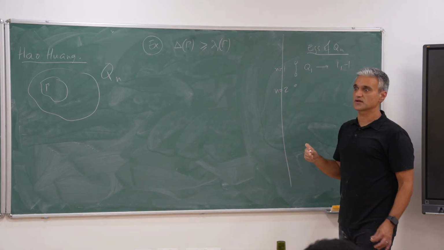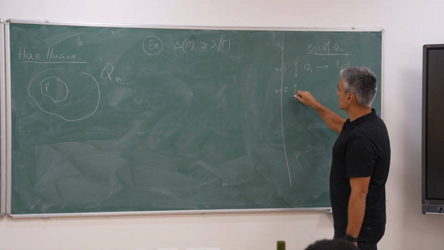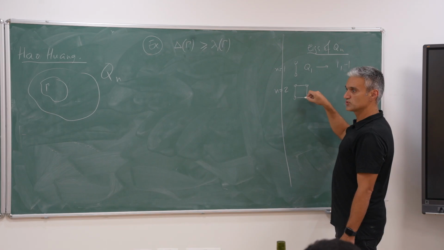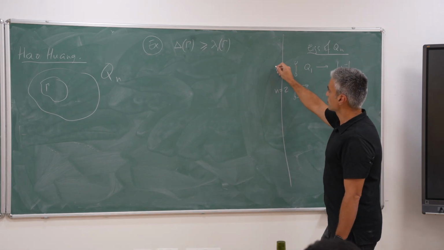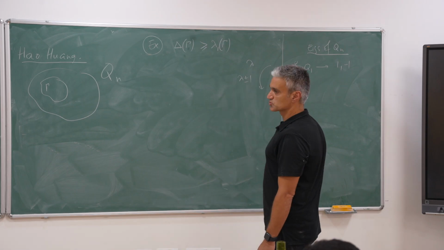Here's a quick trick that you can use to get from one eigenvalue to the other. Because you have this procedure of taking copies, you get the eigenvalues from before. If you had here lambda, then you're going to get lambda plus or minus 1.